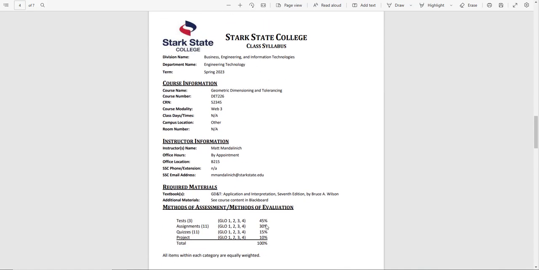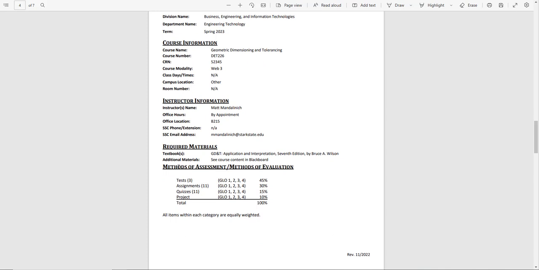This is a Web 3 class, so it's entirely online. And here are our methods of assessment. The textbook is GD&T Applications and Interpretation, 7th edition, by Bruce Wilson. And then there are going to be other materials that I'll be giving you in the Blackboard content.